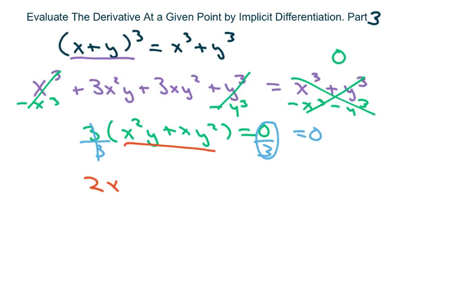We're going to get 2x times y, and then plus x squared times the derivative of y, and that was this first part.